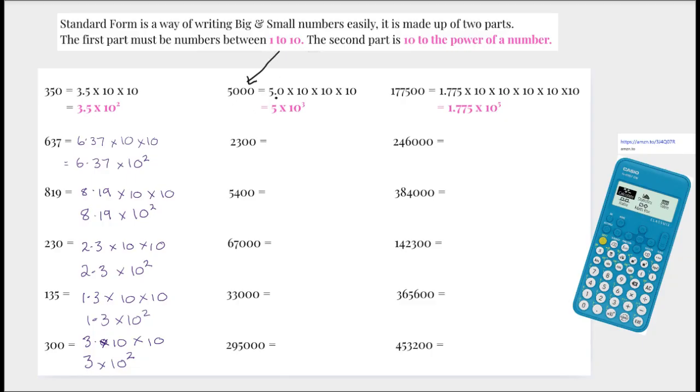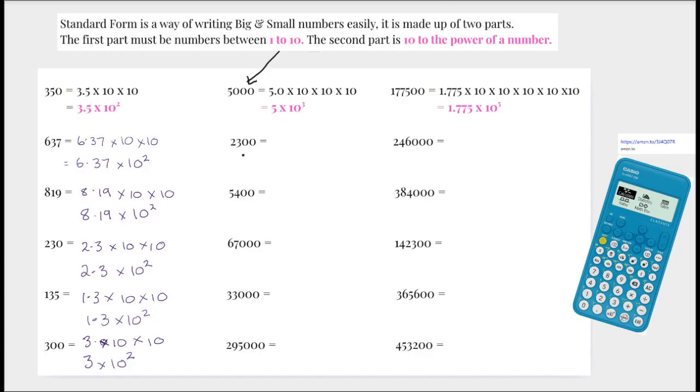So it's going to be 5.0. How many times did we move the decimal place? 1, 2, 3. So it's times 10, times 10, times 10. So the answer is 5 times 10 to the power of 3. Actually, I didn't need to do that either. Anyway, you get the drift.